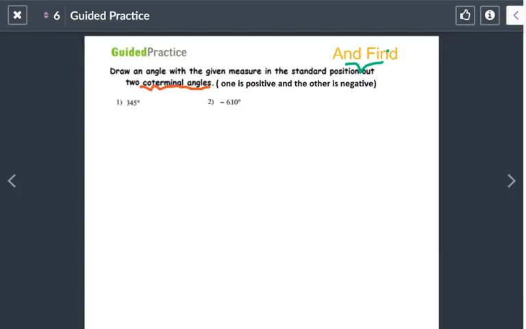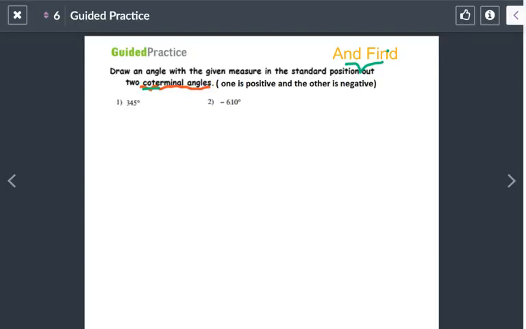Co means same. Terminal means terminal side. So coterminal angles share the same terminal side.